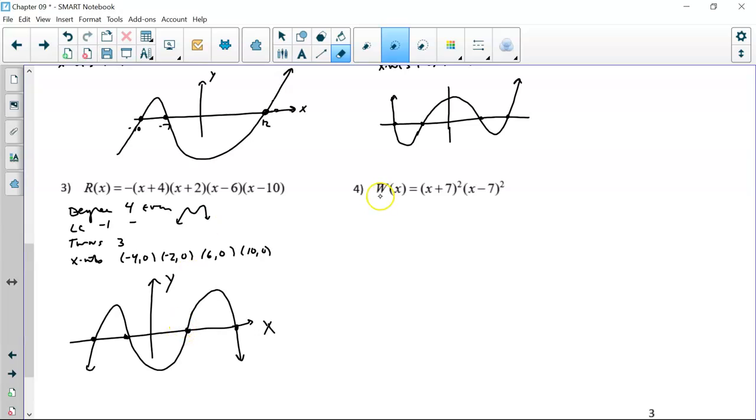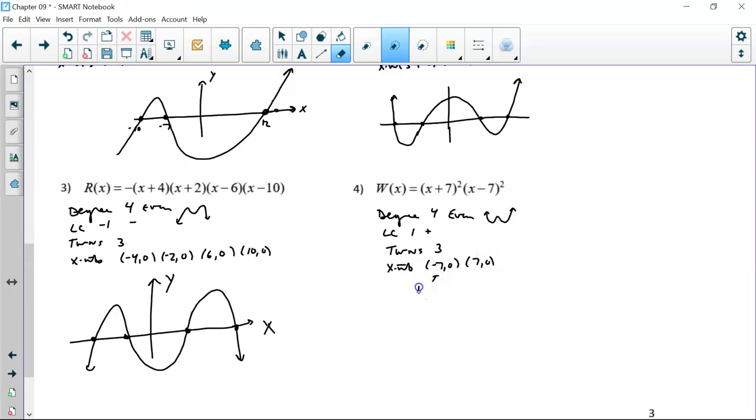And for number 4, our degree. Now this first one is 2 x's and then another 2 x's, so it's a degree of 4, which is even. Our leading coefficient is a +1, so the shape, based on the end behavior, is going to look like that. And for the turns, 4 minus 1, which is 3. And now the x-intercepts: -7, 0, and +7, 0.